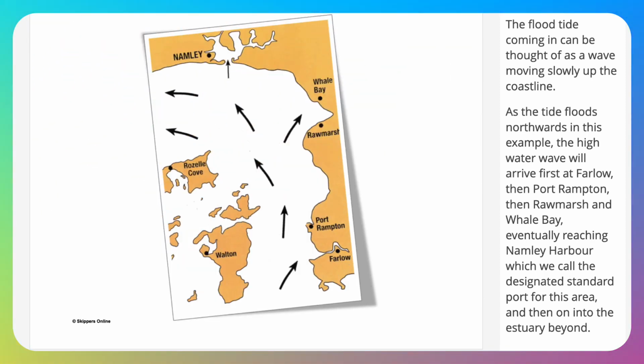The flood tide coming in can be thought of as a wave, moving slowly up the coastline. As the tide floods northwards in this example, the high water wave will arrive first at Farlow, then Port Rampton, then Rawmarsh and Whale Bay, eventually reaching Namley Harbour, which we call the designated standard port for this area, and then on into the estuary beyond.